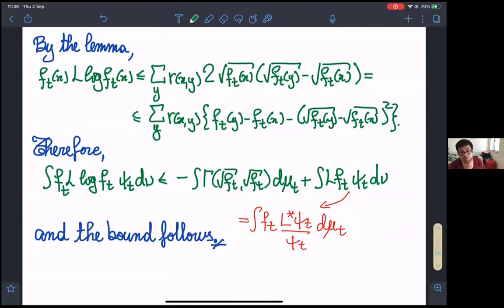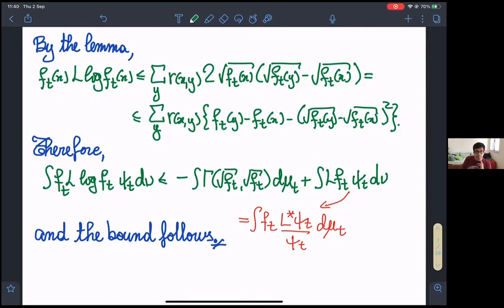It's a deterministic bound. It means that it's a pointwise bound. Okay, and you rearrange terms to get something negative, and you discover that the extra guy is just L of ft. So we have this bound, and now this L of ft, you can pass it to psi by duality, and you get the bound we were looking for. Okay, so this is just a quick proof of the Gaussian inequality.